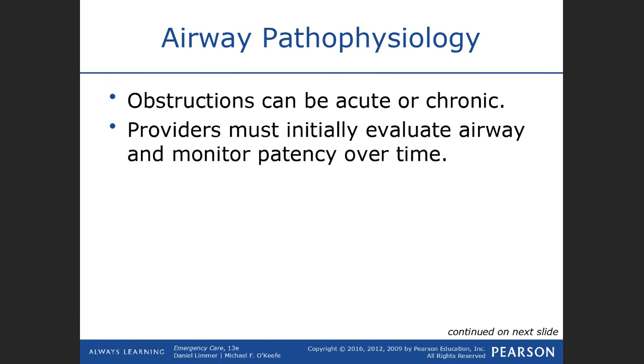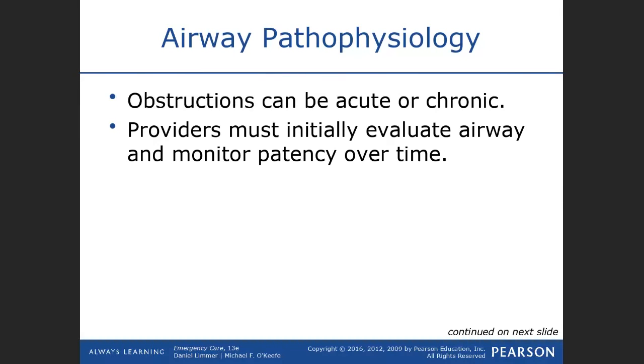Chronic would be a patient with a respiratory problem over the years that has caused issues with the bronchial airways or the alveoli. It affects the air exchange in and out of the lungs and the diffusion of oxygen and carbon dioxide. That would be chronic.